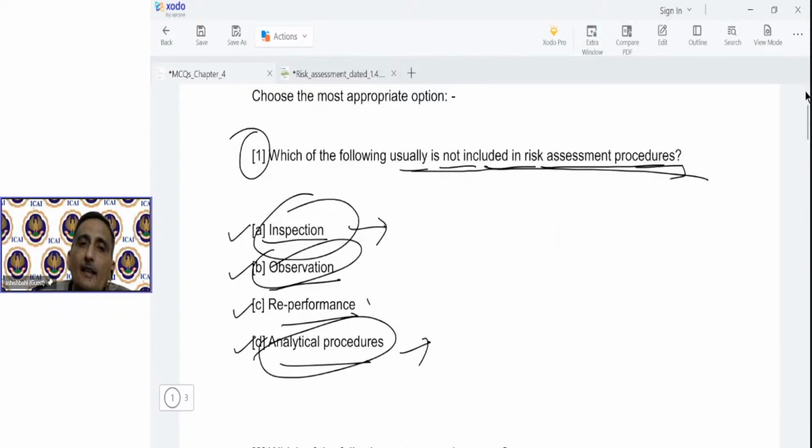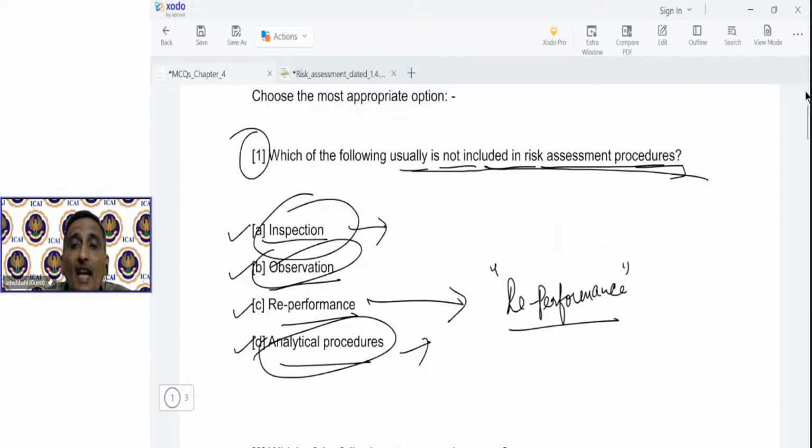Okay, so what is left? Re-performance is left. Now how is this choice correct? When I re-perform something that has already been performed, am I making a risk assessment? I am not.